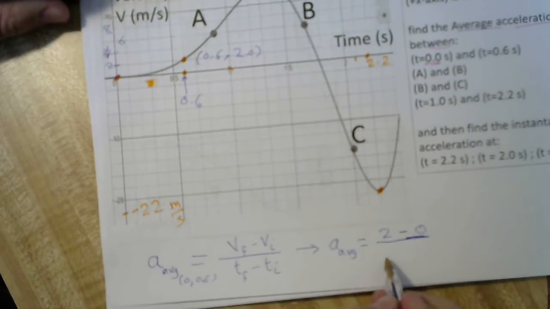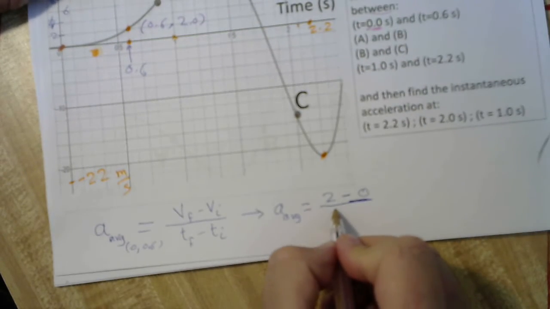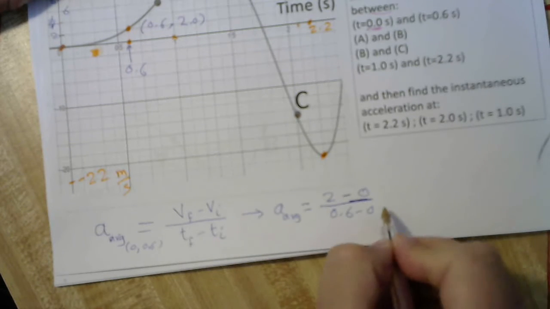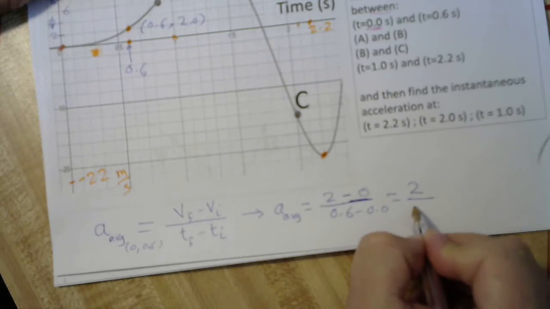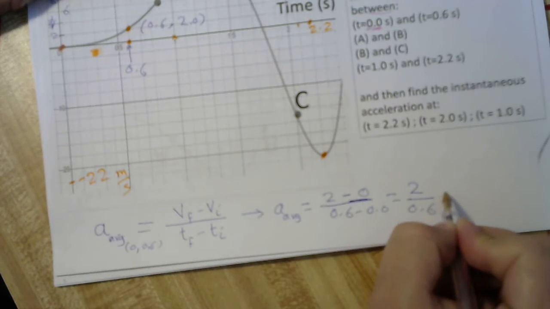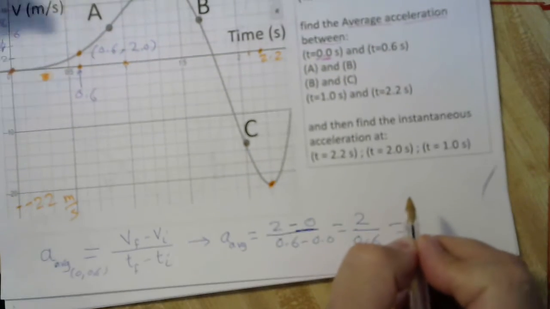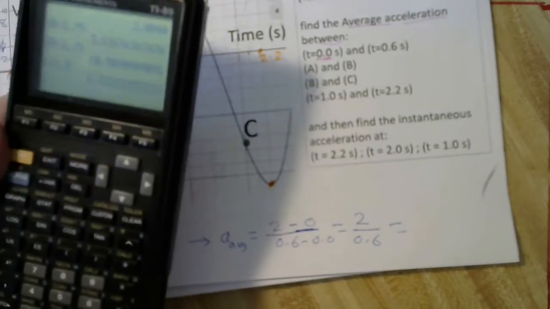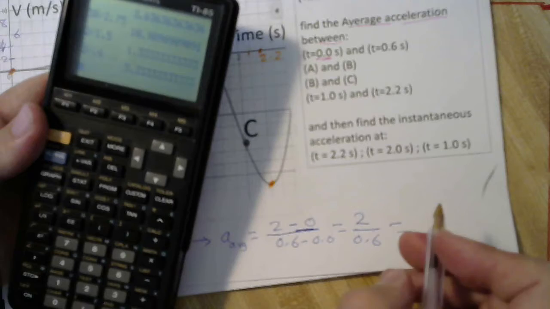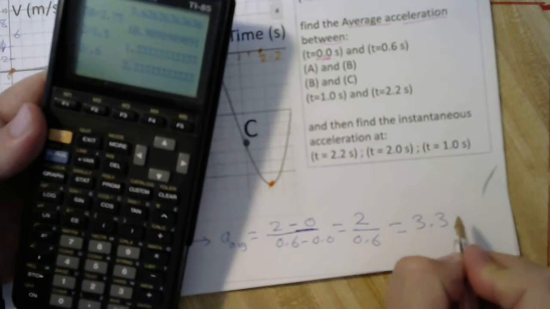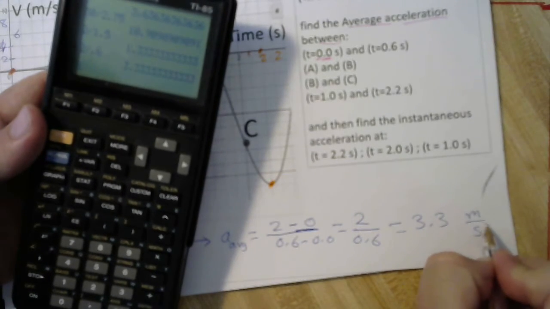The difference in time is 0.6 minus 0, so it is 2 over 0.6. And the acceleration is equal to 3.3 meters per squared second.